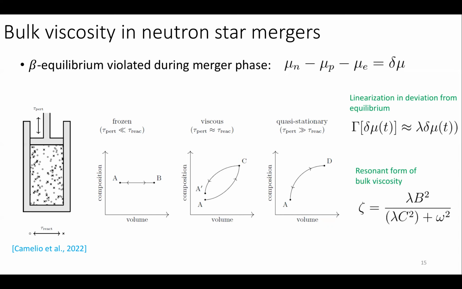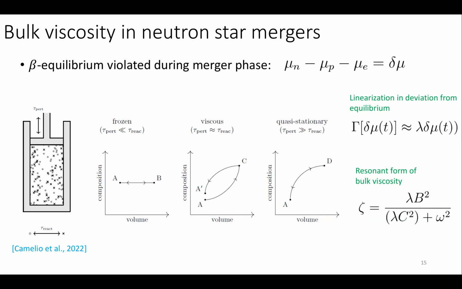In this phase diagram of volume and composition, after one cycle, you do not get back to the same point as before. This means that some dissipation is happening, and some of the compressional energy is dissipated and transformed into heat.